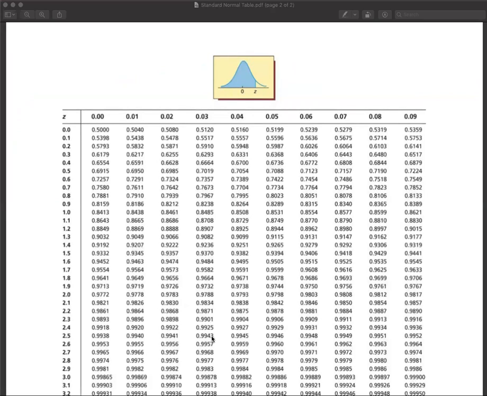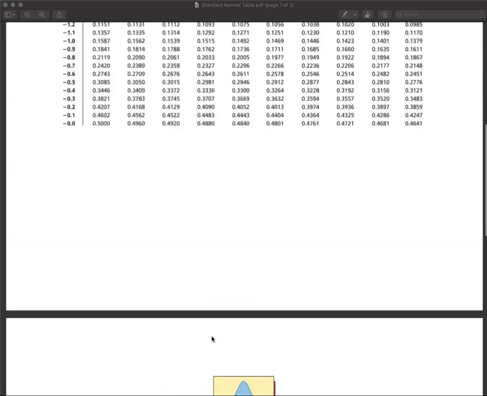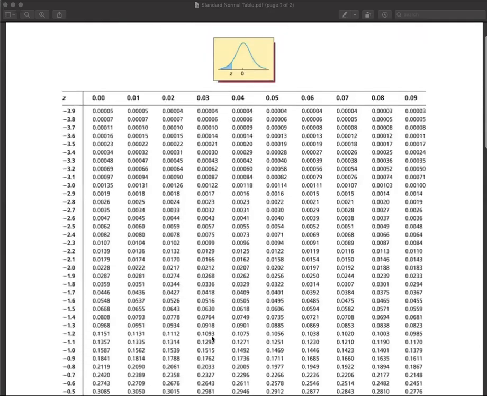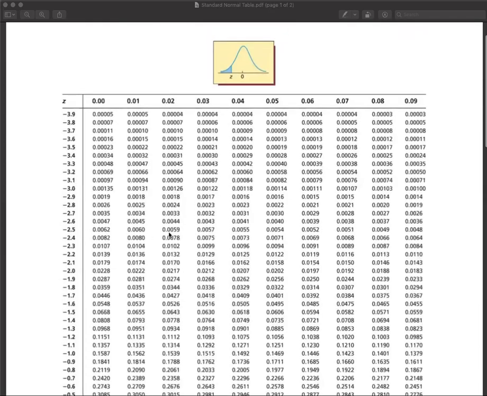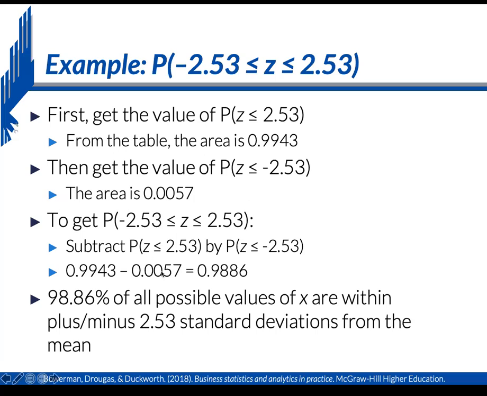And then we will subtract from 0.9943 the area to the left of negative 2.53, which is this one, 0.0057. So that's 0.9943 minus 0.0057. You will get the area in between, which is 98.86%. So that's the probability that z will be between negative 2.53 and 2.53.